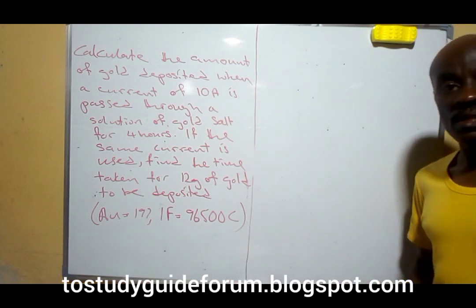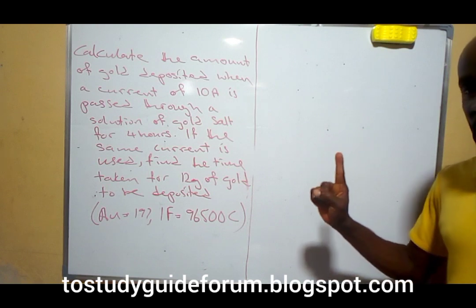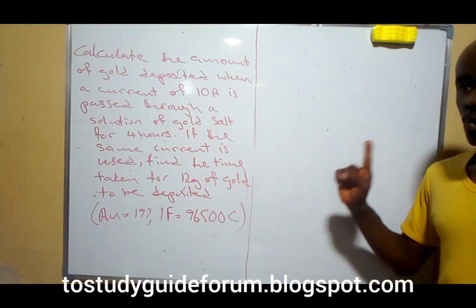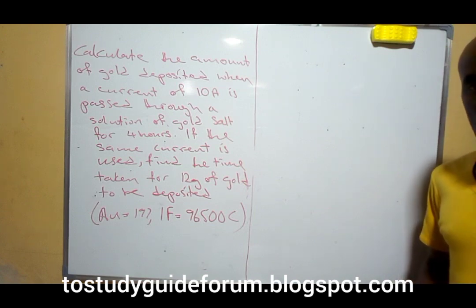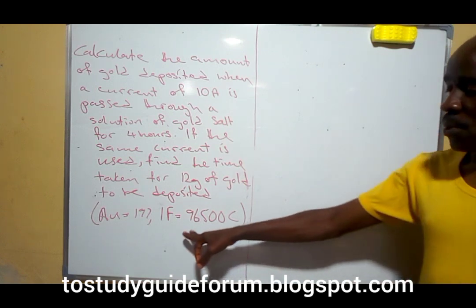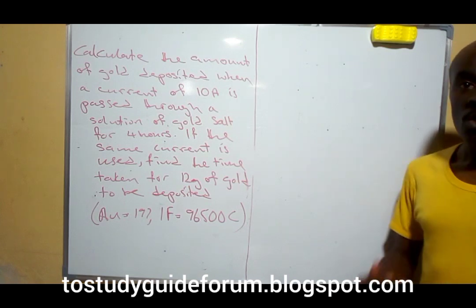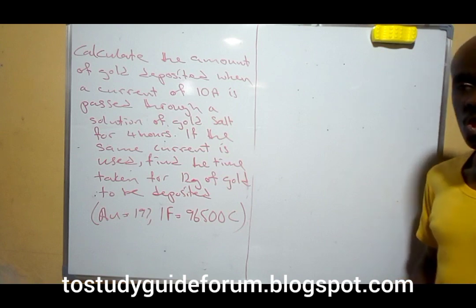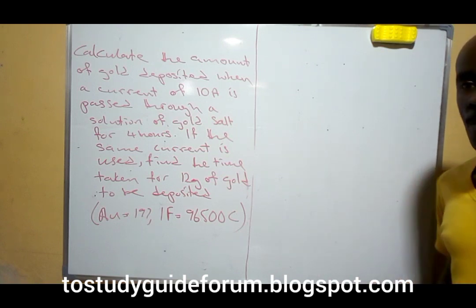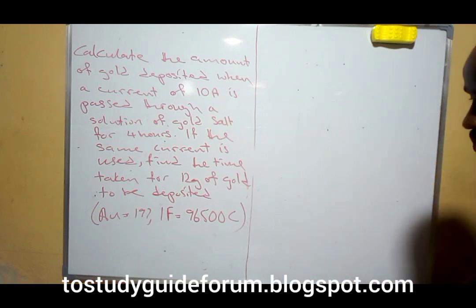It means that to discharge or deposit one electron, it requires 1 Faraday. If it's a divalent element, it will require about 2 Faradays. If it's monovalent, it has 1 Faraday, which is equal to this.